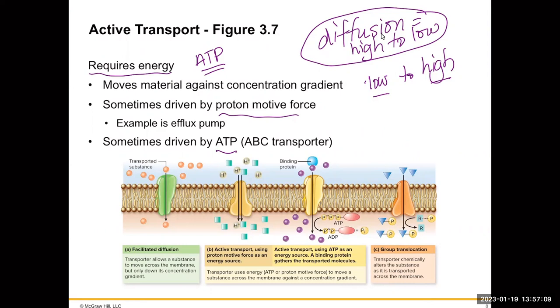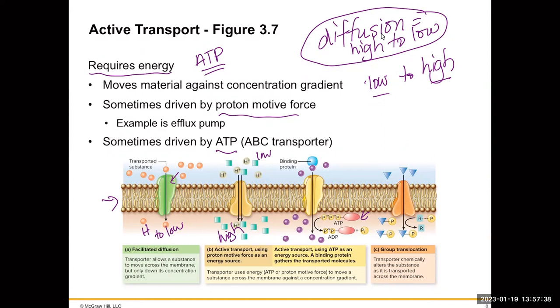So this picture shows facilitated diffusion, where things are just going to go through a channel, but they're still going high to low. Okay, then we have active transport, where we're going low to high. Okay, then active transport using ATP. Okay, so the ATP down here is driving this pump. Okay, so it's making it happen.